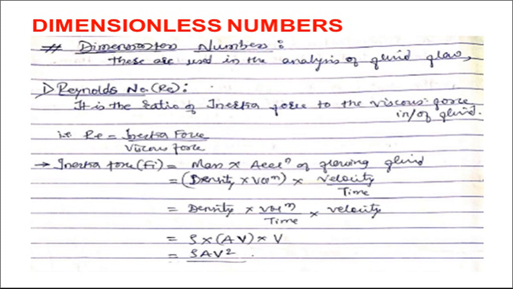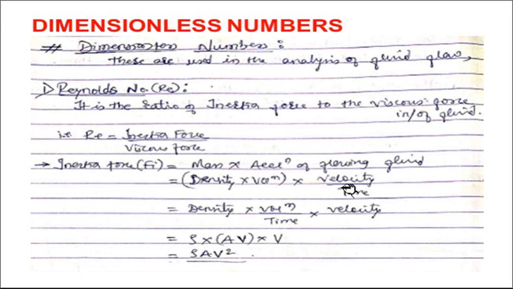Inertia force can be written as mass into acceleration of the flowing fluid. This is written as per Newton's second law of motion. Further, mass can be written as density of the fluid into volume of the fluid, multiplied by acceleration, which is change in velocity per unit time.